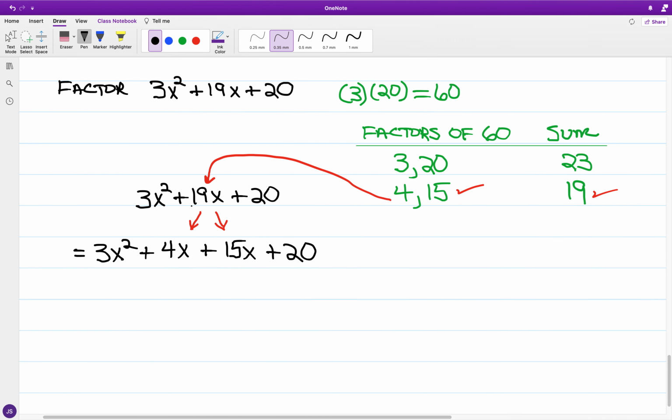Okay, so upon splitting up 19x, now you can have 15x plus 4x, but in this arrangement, we have 4x as the second term, 15x as the third. Now where the grouping comes in, I'm going to put in parentheses 3x squared plus 4x, and sandwiched between the first two and the last two terms, I have the operation of addition.